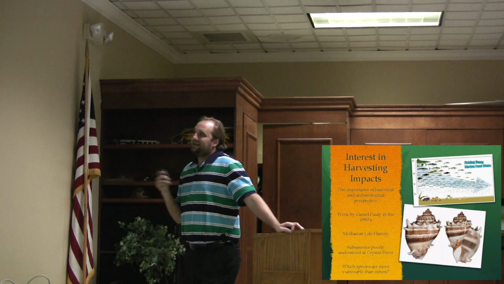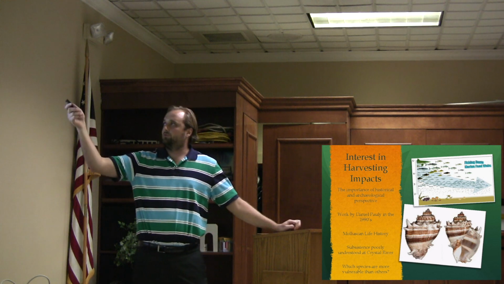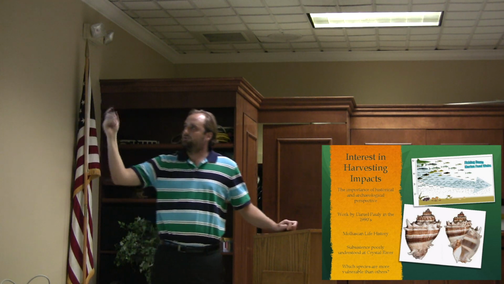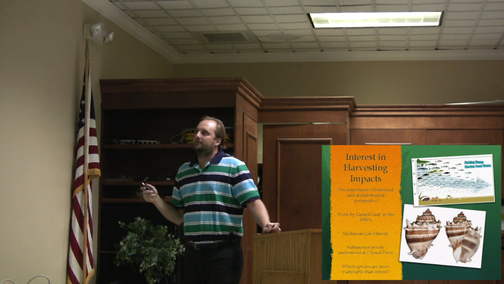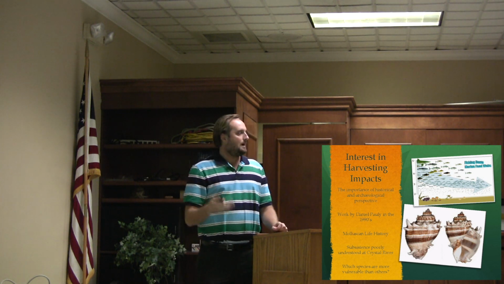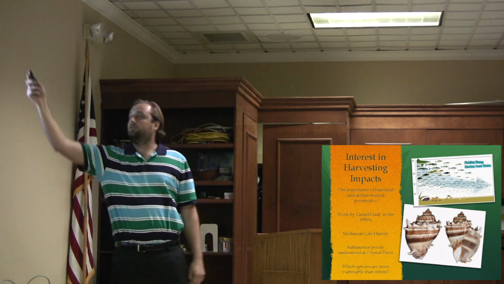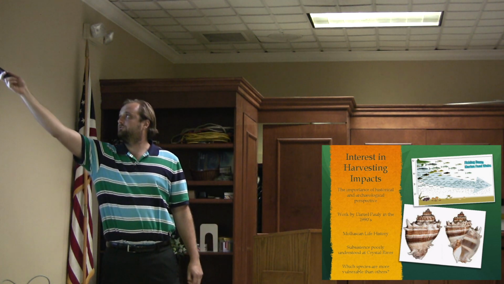So what's happening is these high-level consumers, like sharks and all the fish we love to eat, big tuna, big snapper, all take a really long time to grow and reproduce, right? So it's not that hard to overfish an entire population and not give them time to reproduce. So you end up shifting down the food web and focusing on smaller species.